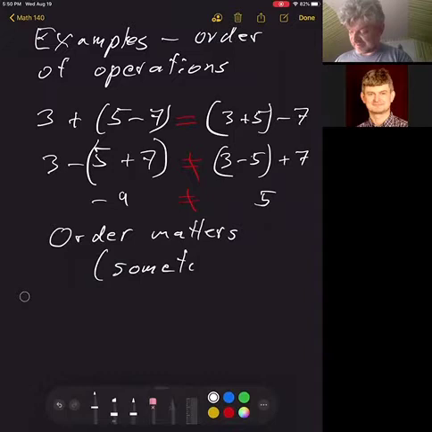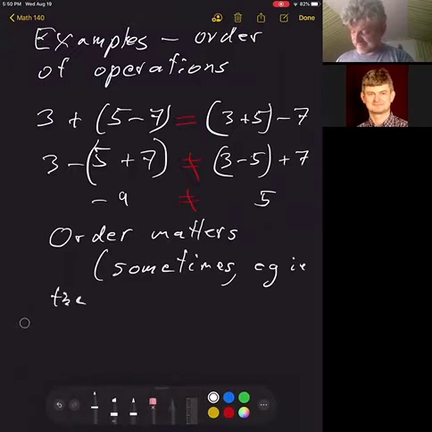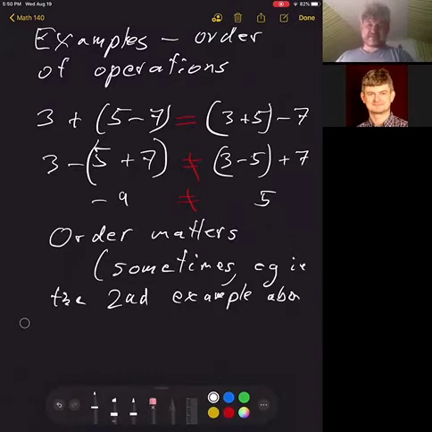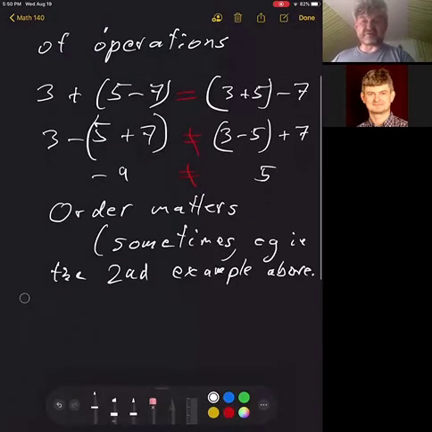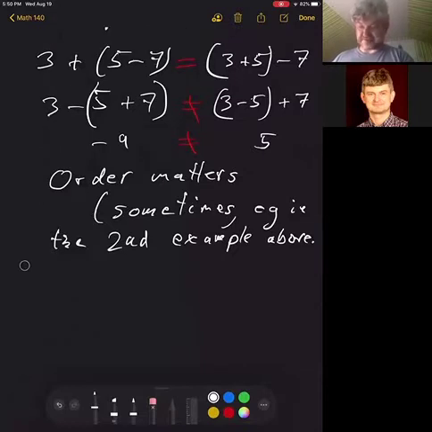Sometimes. In the second example above. For the cases when the order of operations does not matter, you can't do the addition first or the subtraction first, it doesn't matter, then we can allow ourselves to just not write parentheses.